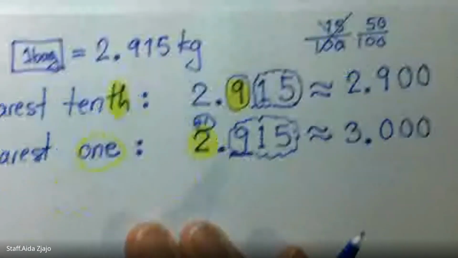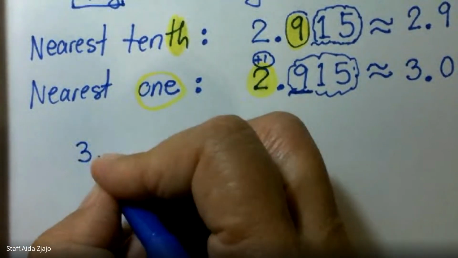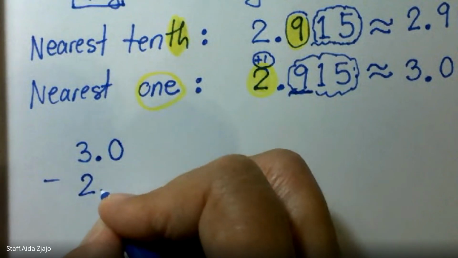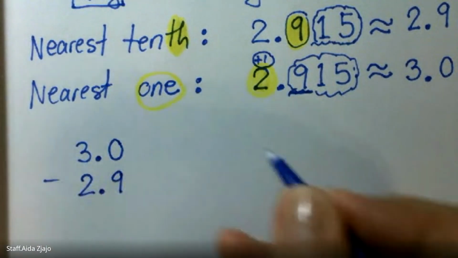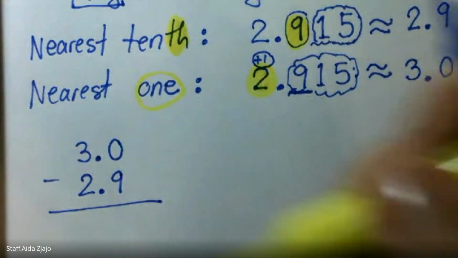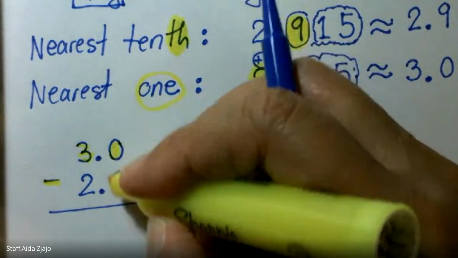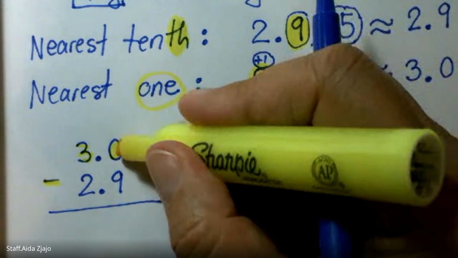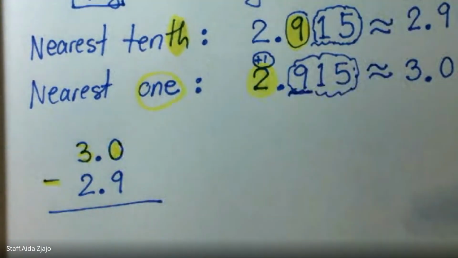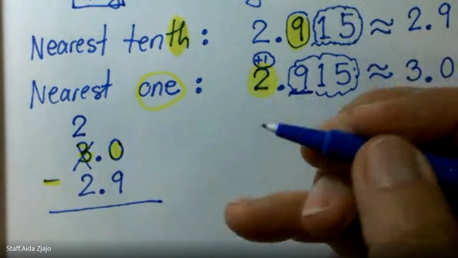If you are finding the difference, you write the bigger number first: 3 and 0 minus 2 and 9 tenths. Because when you subtract, the first number is bigger than the second, you regroup one whole and you will have 2 left.